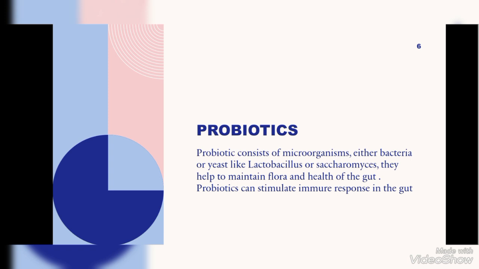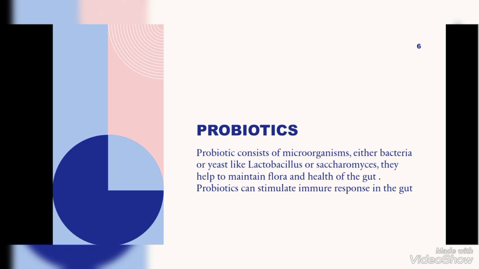The next category of drug is probiotics. So, before going through probiotics, we need to know that our intestine consists of natural flora. They help for proper digestion. In case of absence or lack of this natural flora, there is a chance of occurrence of diarrhea.